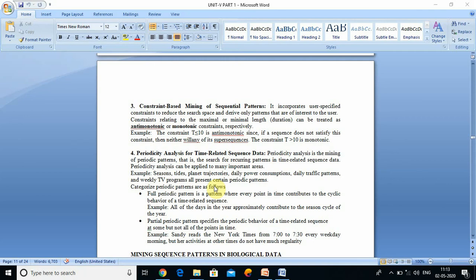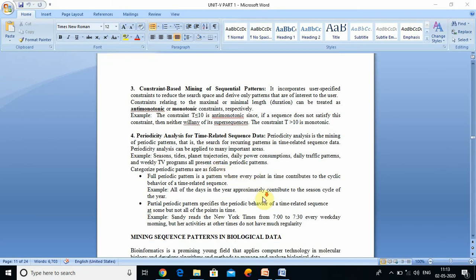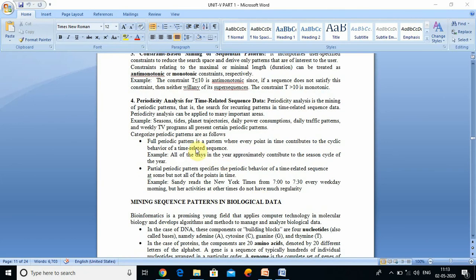For example, seasons, tides, planet trajectories, daily power consumption, daily traffic patterns, and weekly TV programs all present certain periodic patterns. These are all categorized as periodic patterns. All of you observe here.